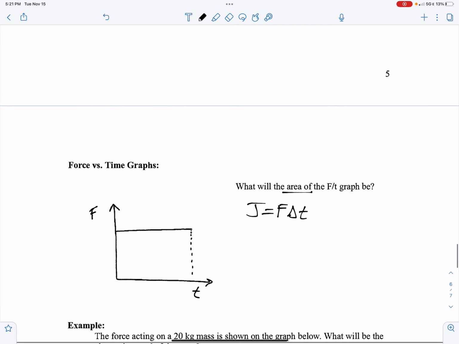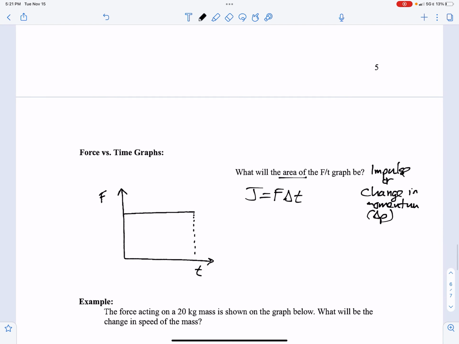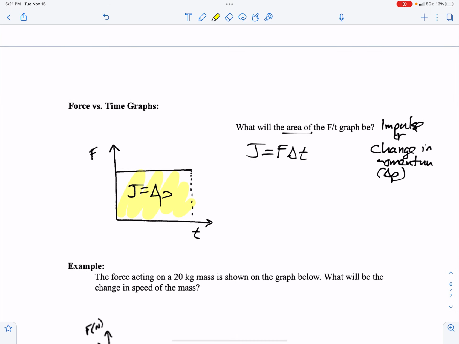Therefore, impulse, or a change in momentum, delta P, is going to be the area under the curve.